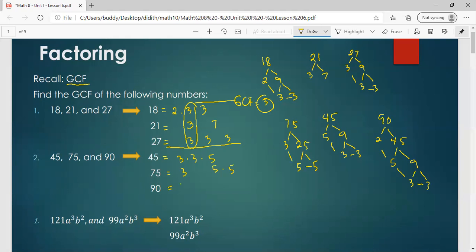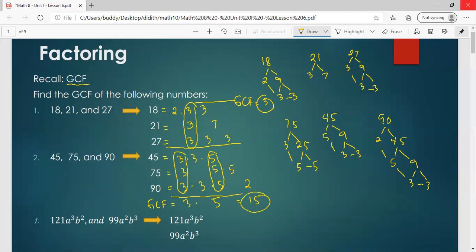So we'll place this 3 here, and then another 3, and then the 5 factor, and then 2 here. As you can see, they have two sets of common factors, and these two sets will be multiplied, and that will be their GCF. So their GCF is equal to 3 times 5, which is 15.